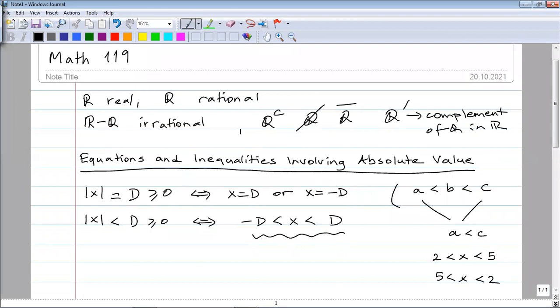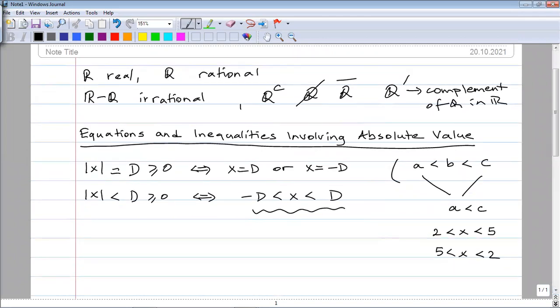If you mean x greater than 5 or x is less than 2, this is possible, then you write it this way: x is greater than 5 or x is less than 2. If x is greater than 5 and less than 2, of course it is not possible, it's the empty set. All right, okay, so that's aside.